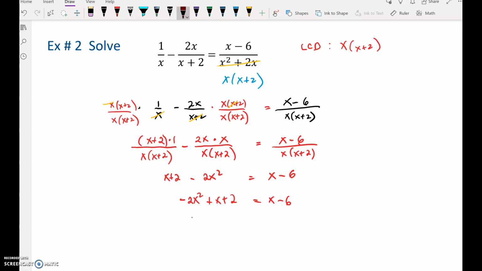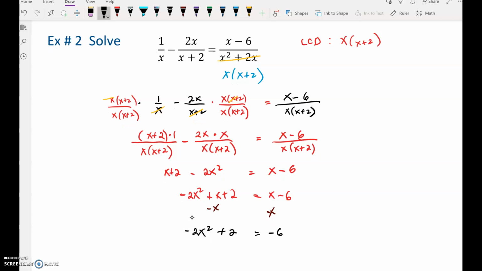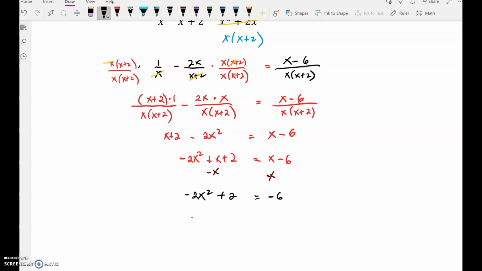So I'm going to work on subtracting this x, and that will give me negative 2x squared plus 2 equals negative 6. Then after that, I will add 6 here, plus 6 here.